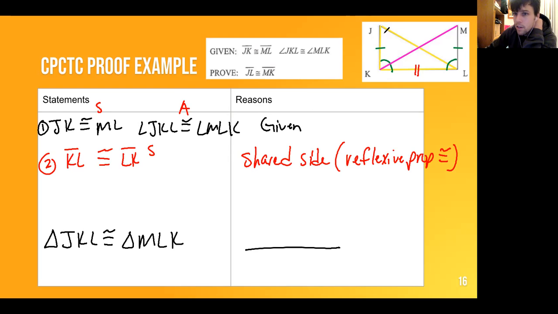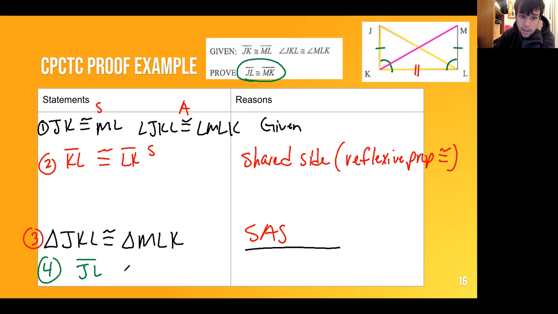We can look at our picture here. We have a congruent side pair, congruent side pair, and then the angles in between those are congruent. So these two triangles would be congruent by SAS. And therefore, the parts that we are trying to prove are congruent would have to be congruent by CPCTC, since they are, in fact, corresponding parts.